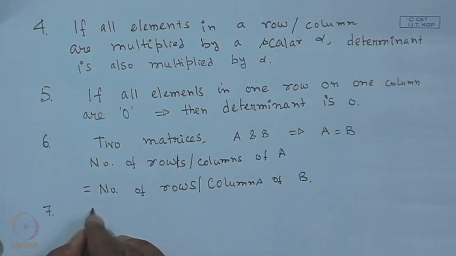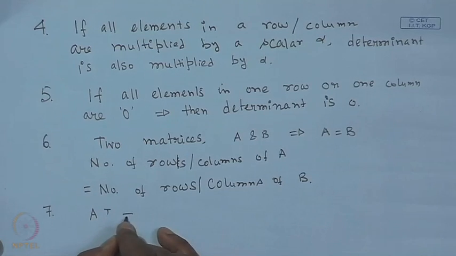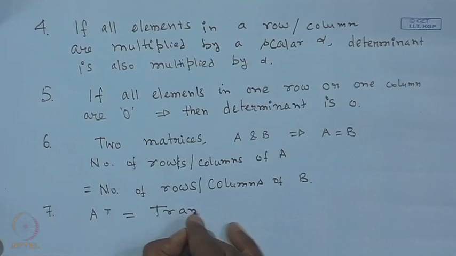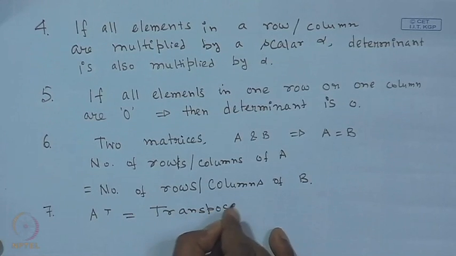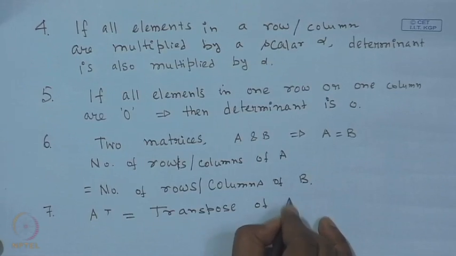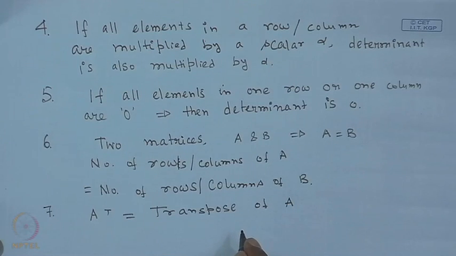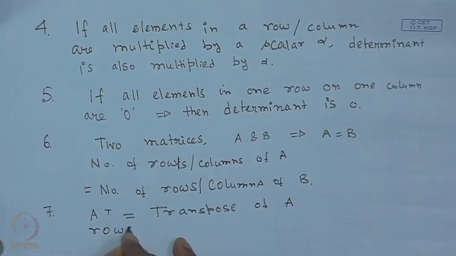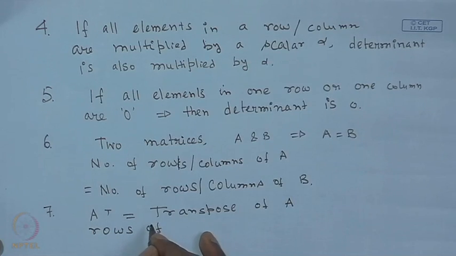The next one is A transpose. The notation is A superscript T, which represents the transpose of matrix A. This simply says that rows of A are interchanged with columns of A transpose, or the other way around, it does not matter.